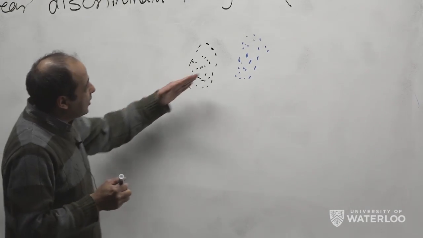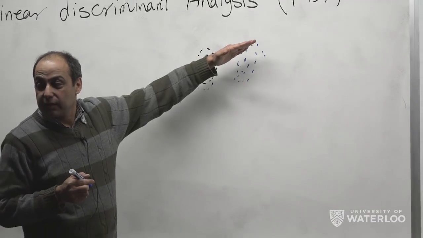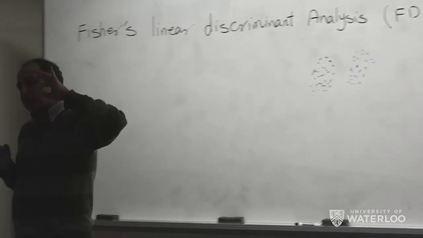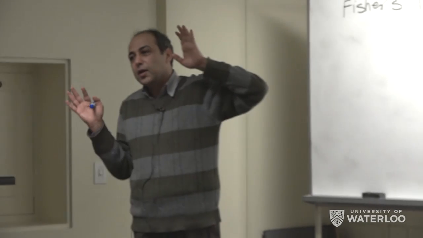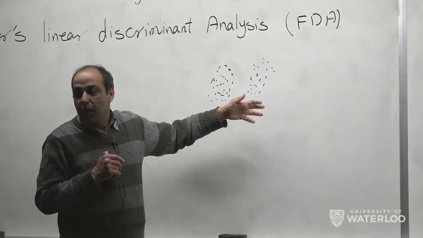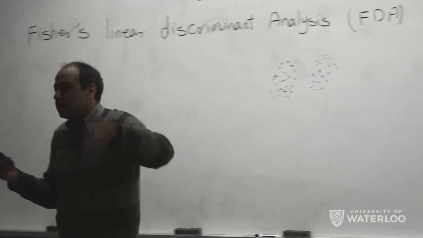So the direction of maximum variation may not be the best direction for classification. PCA is blind, has no idea about labels of the data, makes no distinction between black and blue. All points are the same for PCA. It's an unsupervised method. It just looks at the direction of variations.